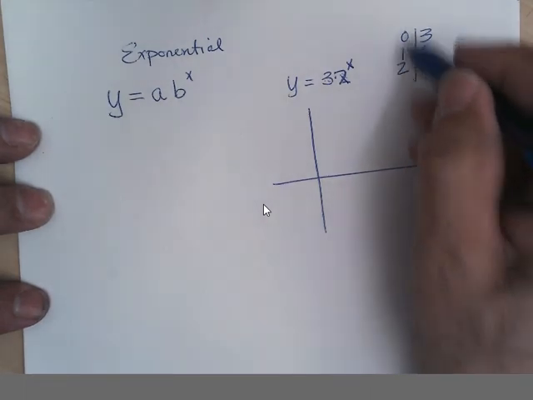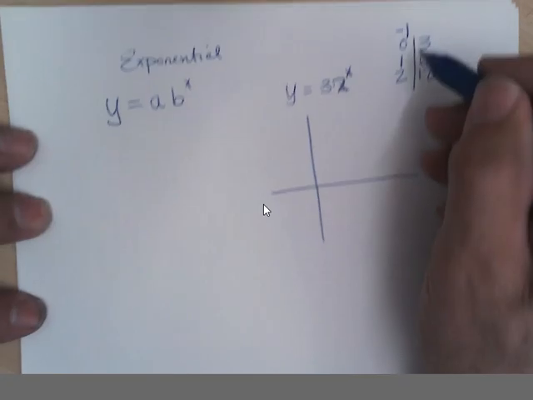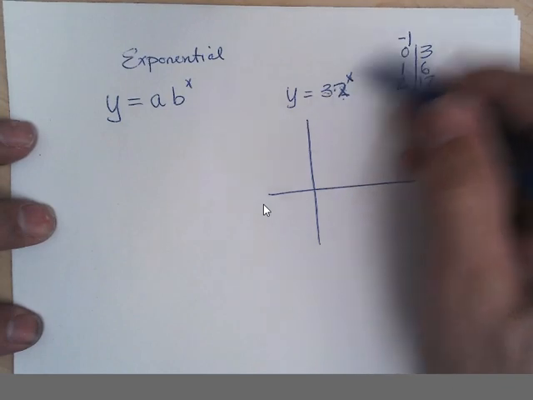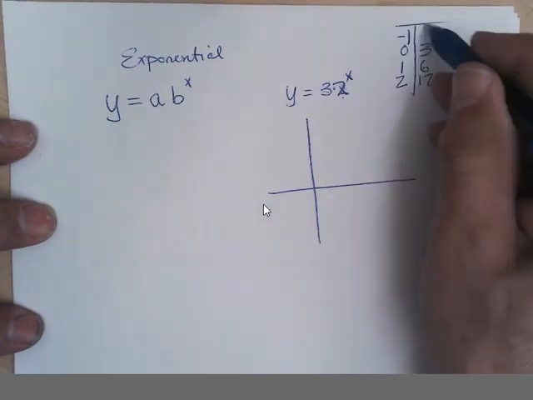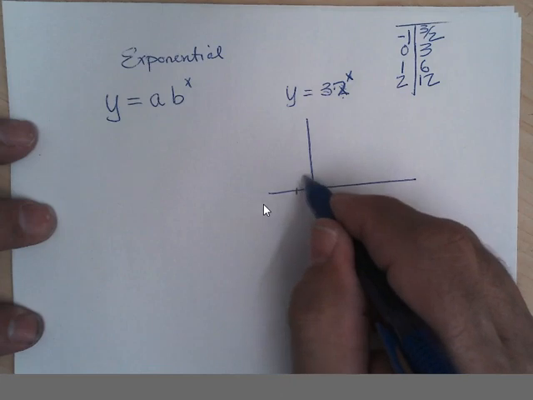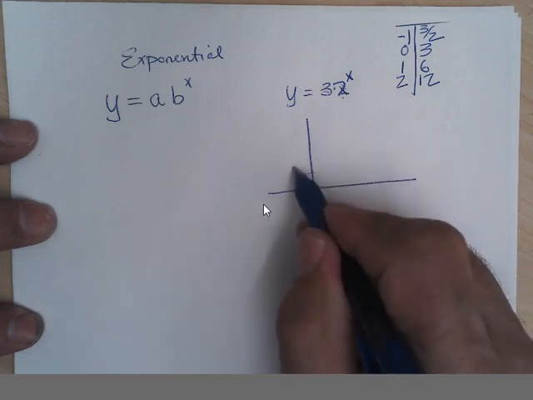And 2 to the negative 1 would be 1 over 2, or a half, times 3 would be 3 halves. So at minus 1, it's 1.5.